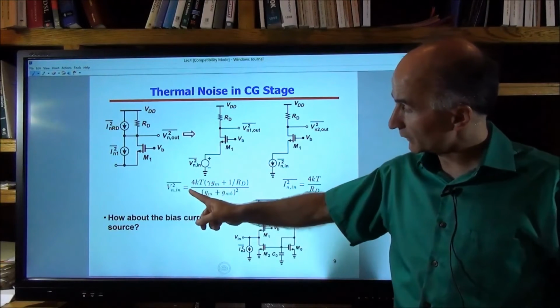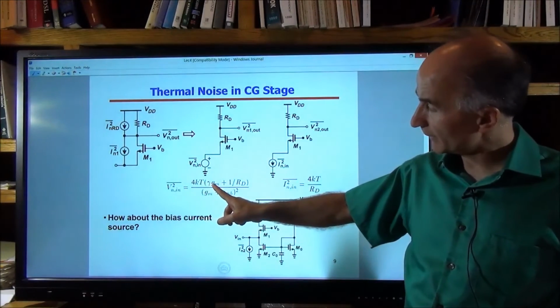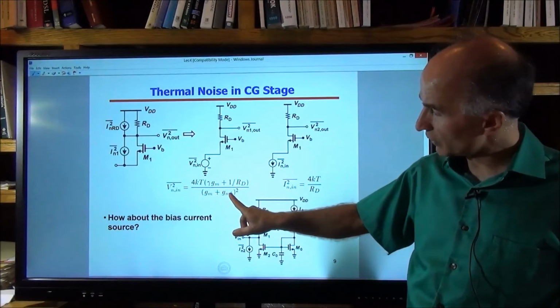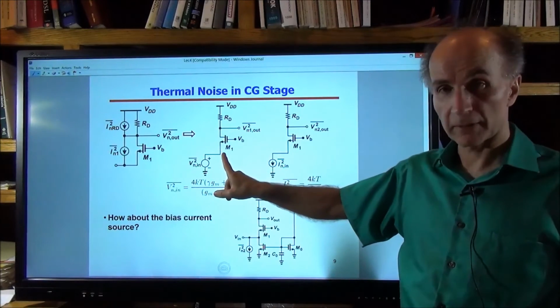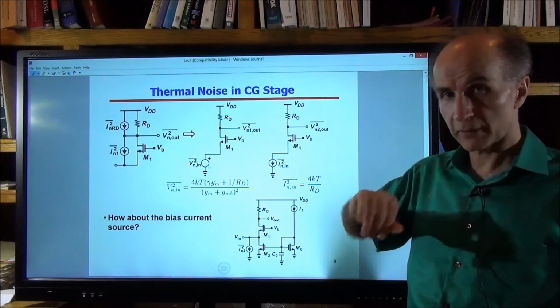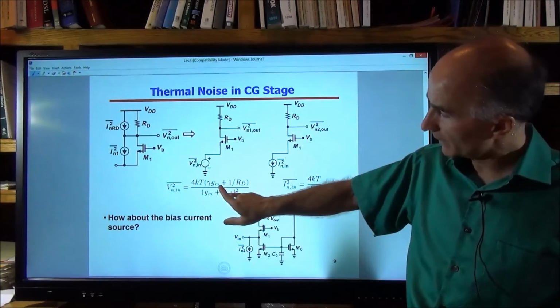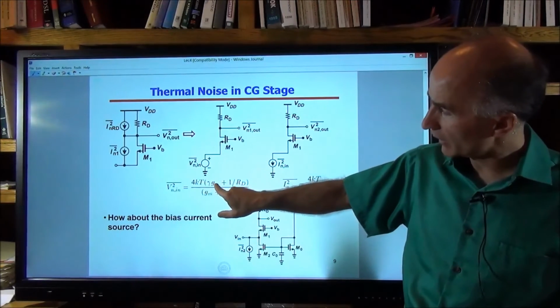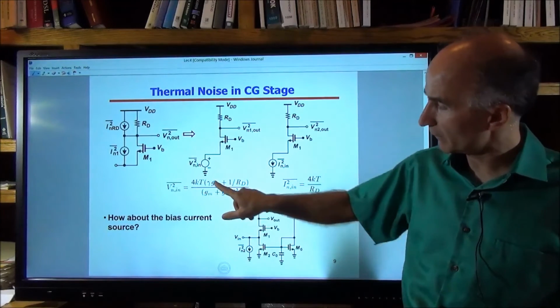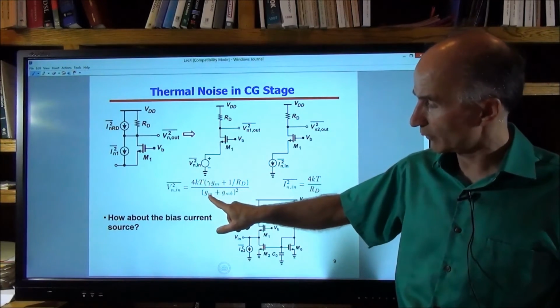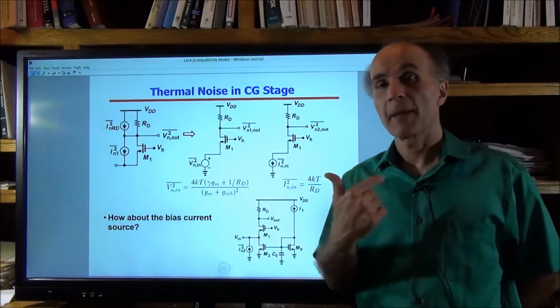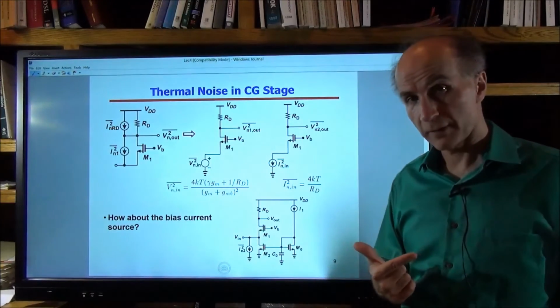The input referred noise voltage is given by this expression. Here we have gm plus gmb because there's some body effect. But for a moment, don't worry about body effect. And what you see is that 4kTγgm over gm squared is in fact 4kTγ over gm, which is the same as that of a common source stage.